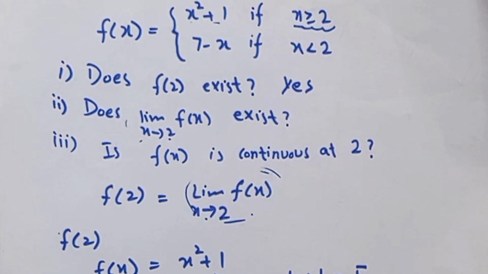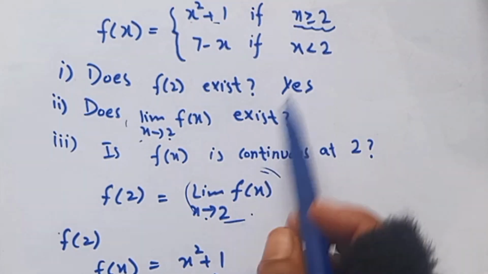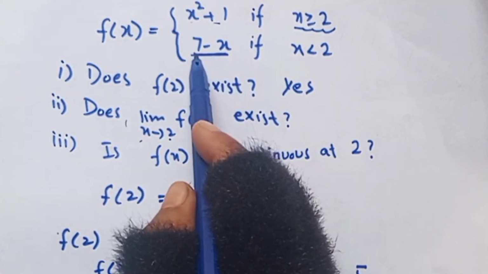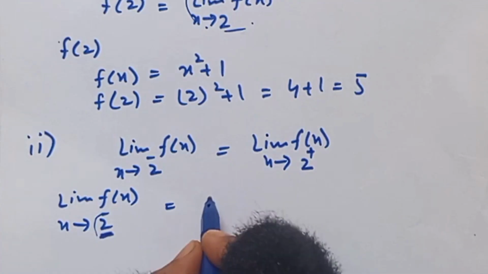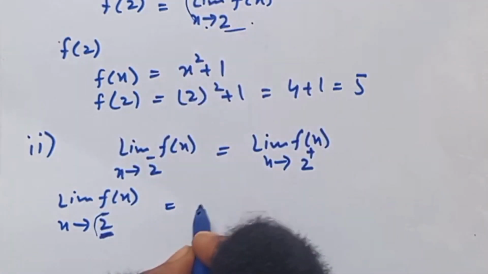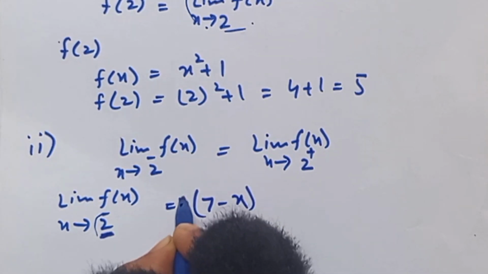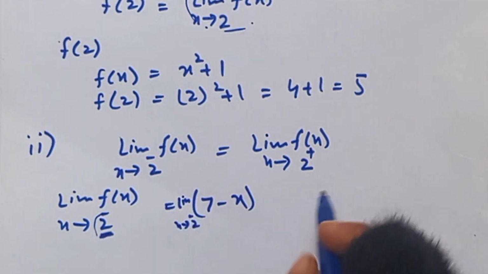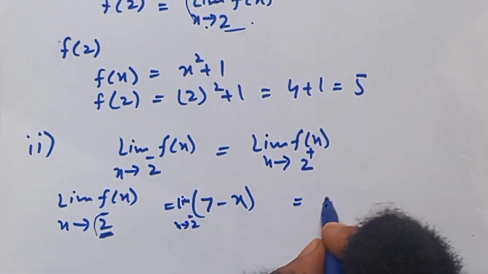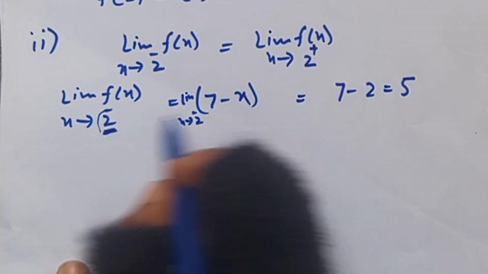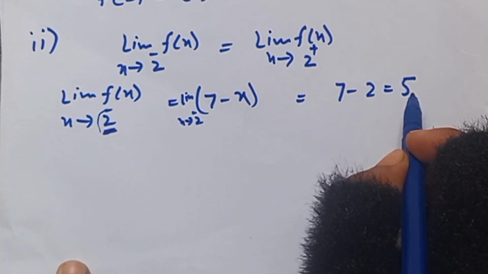So we use the second part of our function, 7 minus x, and here we type limit x approaches 2. So we replace x by 2, so it becomes 7 minus 2, which is equal to 5. The answer of the left hand limit is 5.